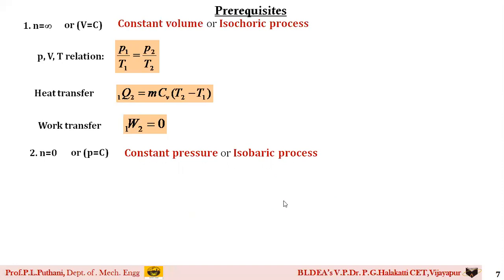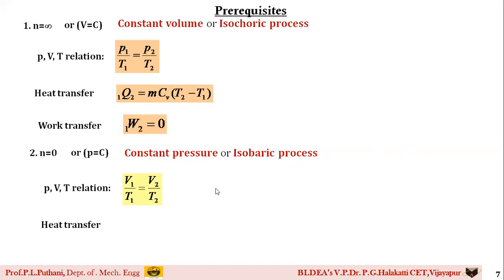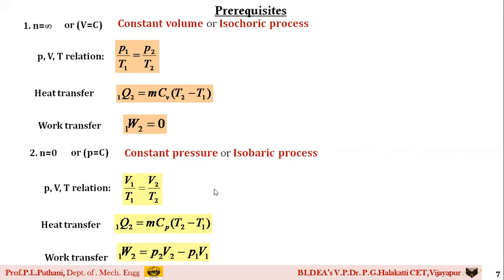So your PV relation now is V1 by T1 is equal to V2 by T2. Heat transfer equation, students, here it becomes Q1 to 2 is equal to mCp (T2 minus T1), and the work transfer equation is P2 V2 minus P1 V1.